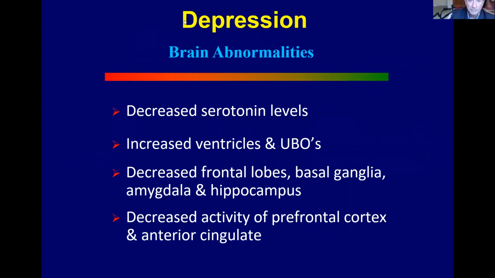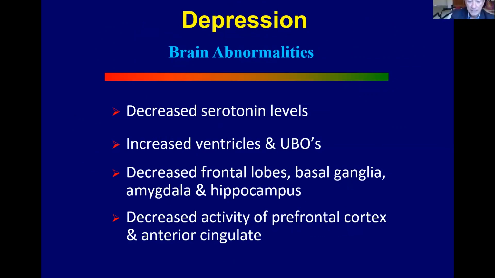In depression, abnormal things that we've learned about: the decreased serotonin levels, increased ventricles, and white matter hyperintensities. UBOs, it's a term we use for unidentified bright objects. We see these hyperintensities in the white matter and are not exactly sure what they are.